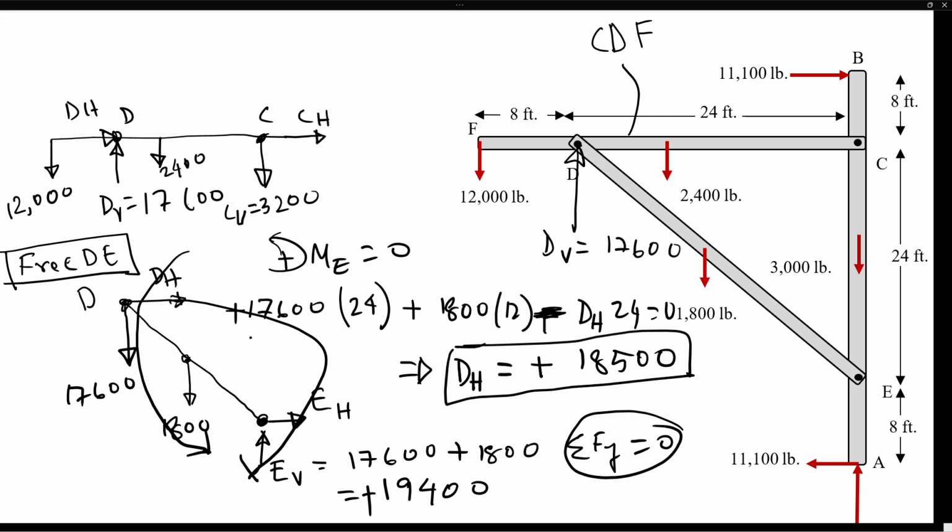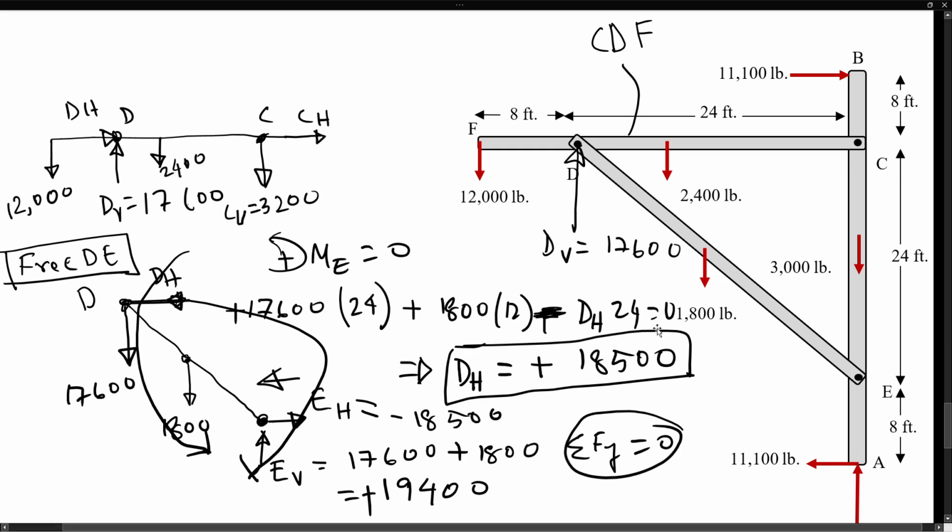If the DH is plus and is acting in this direction, then that has to be balanced by EH, so it's going to be exactly the opposite. So either you say it is in the left direction to the x-axis, or EH is minus 18,500.